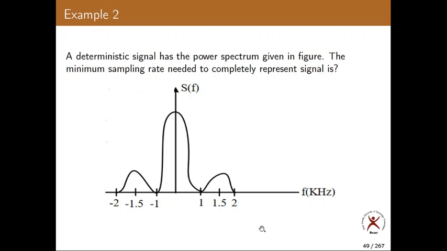It is 1 kilohertz, because we take only the main lobe which contains 90% of the power, whereas the side lobes don't contain much power. That's why we take only the bandwidth of the main lobe, that is 1 kilohertz. So that would be the maximum frequency of the signal.